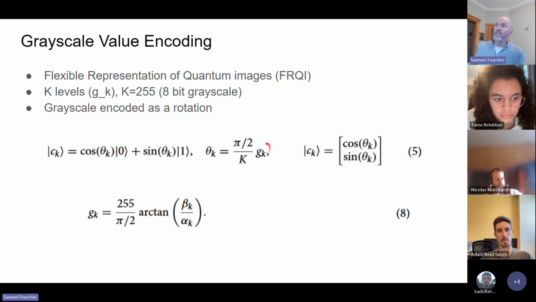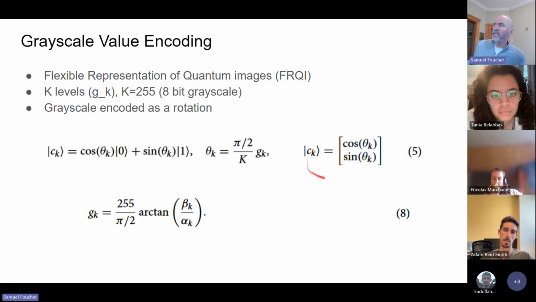The way they do it, they take the grayscale. G_k is the grayscale value for the pixel k. We simply normalize, with the maximum of the dynamic of the image, so in our case that would be 255, right? And we encode between 0 and pi over 2 to have an angle for the rotation.